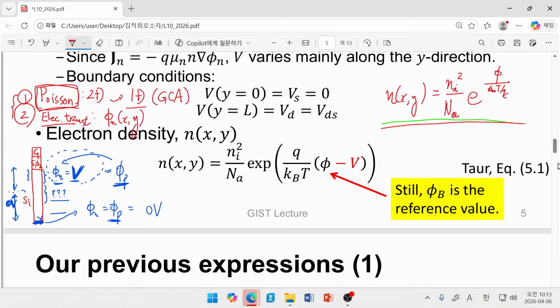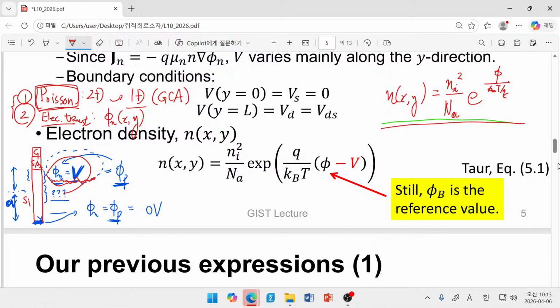So simply speaking, we have to consider both electron quasi-Fermi potential and hole quasi-Fermi potential in this MOS capacitor. But my discussion about increased quasi-Fermi potential somewhere along the channel, the introduction of V(y), all related only to our electrons, because here we have a lot of electrons.